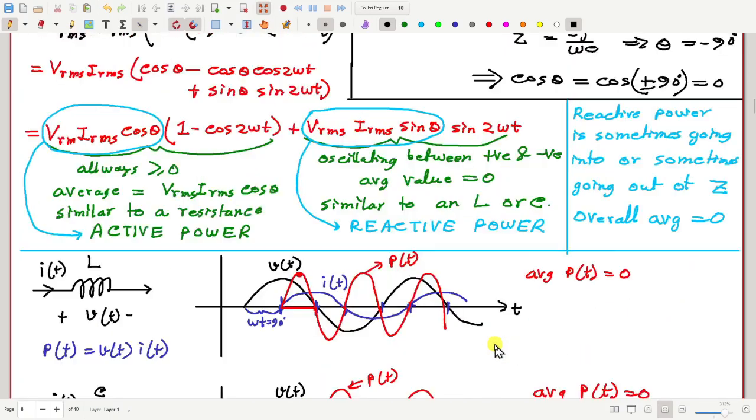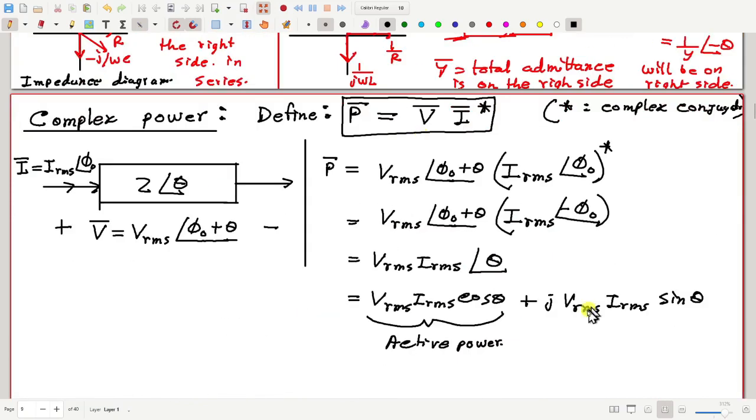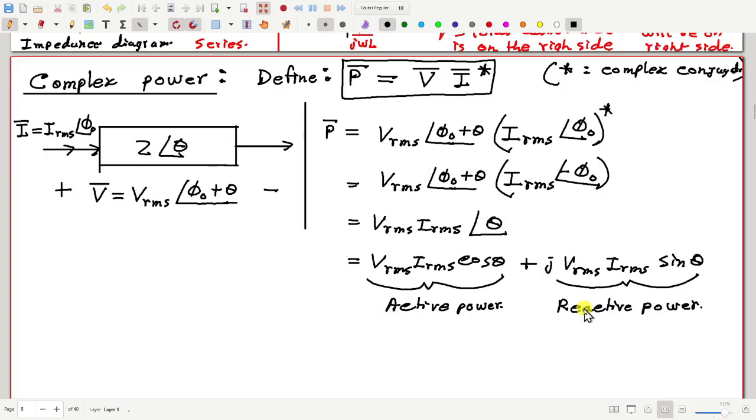The active power is VRMS IRMS cos theta, reactive power is VRMS IRMS sin theta, and this imaginary part is the reactive power. So in this way you can get the active component and reactive component of the power just using this formula, V I star, which is called the complex power. That's so easy.